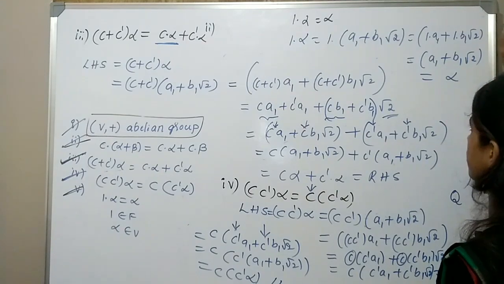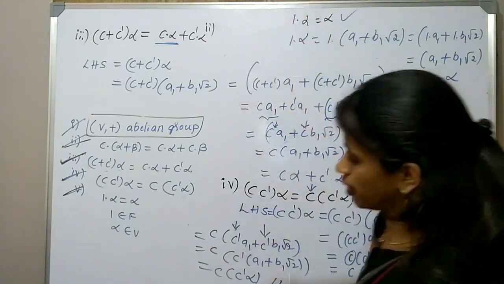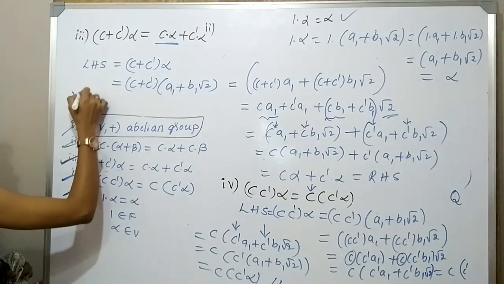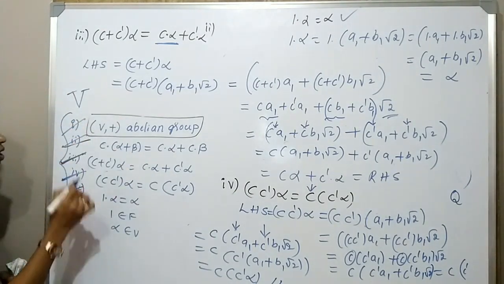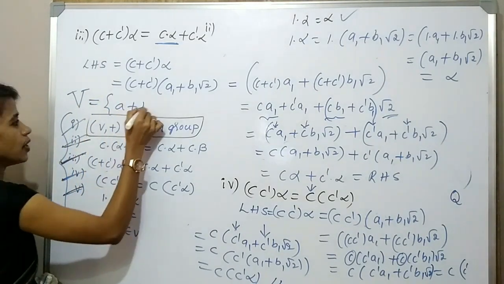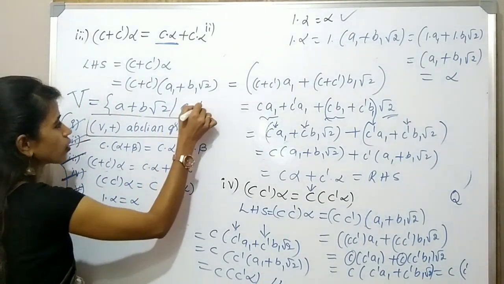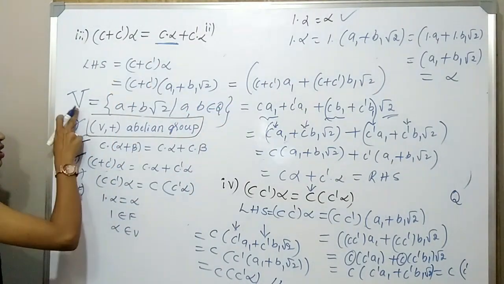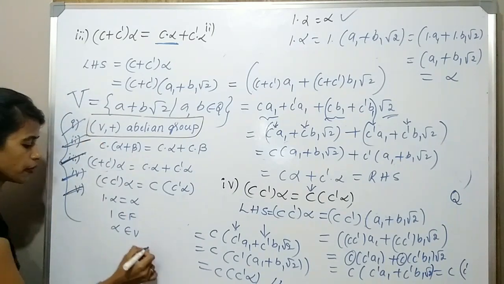That is alpha itself. Is it okay? So that is the last condition. So the given set V satisfies all the 5 conditions. Therefore this V, the set of all a plus b root 2, where a, b belong to Q, satisfies all the 5 conditions. Therefore, it is a vector space over the field Q.